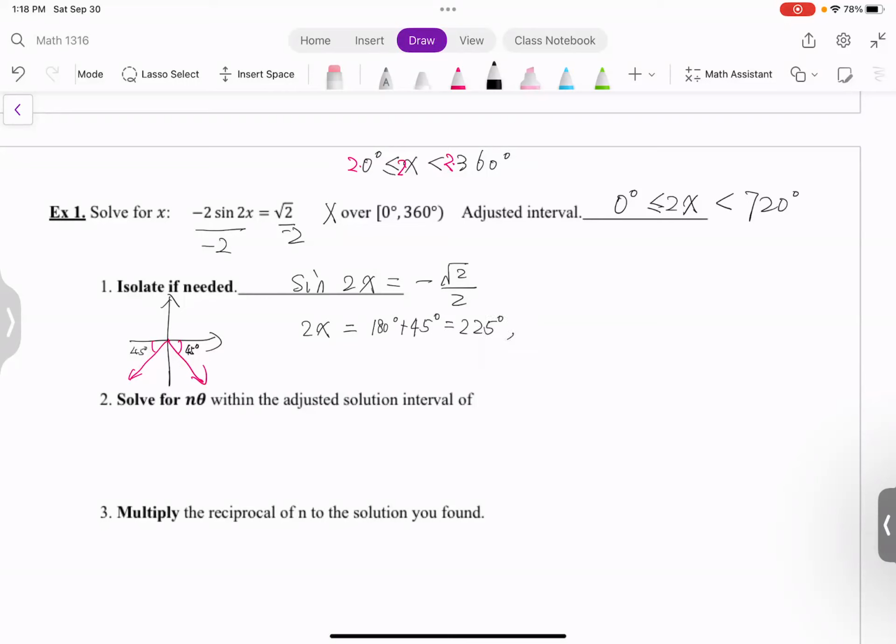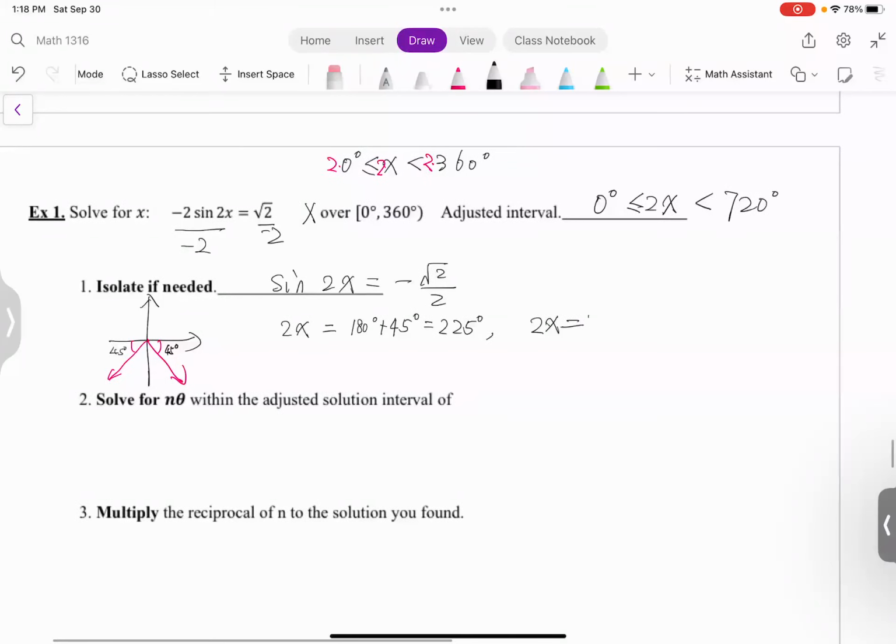And I have another solution: 2x equals, in the fourth quadrant, 360 minus 45 degrees, which is 315 degrees. And are we done? No, look here. Why are we saying adjusted interval? My 2x is between 0 and 720. That's 2 revolutions. That means from the image, I found the 2 angles in 1 revolution.